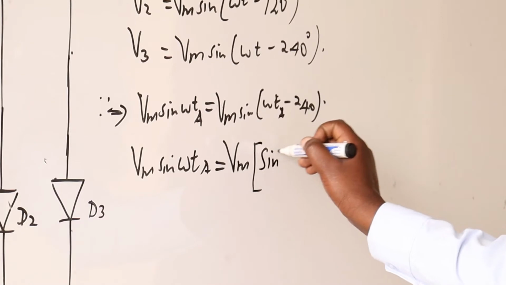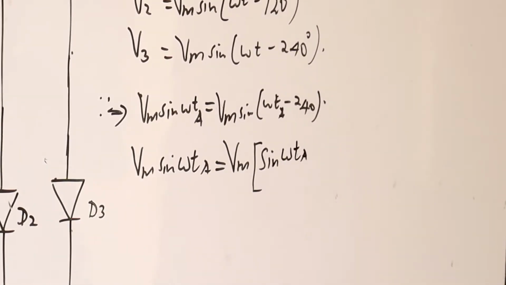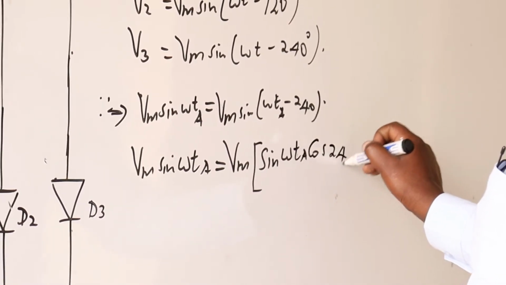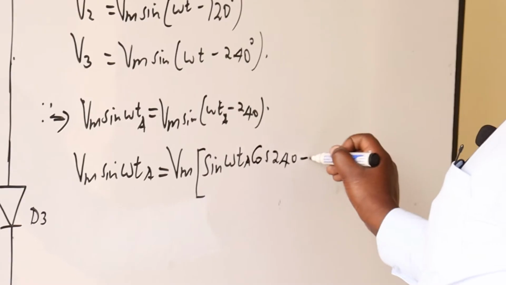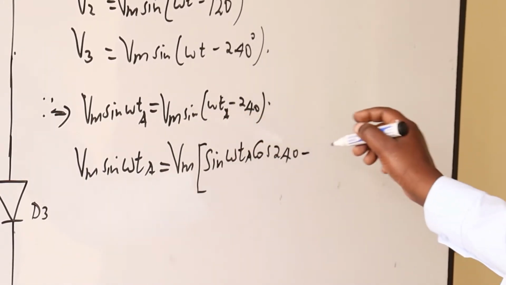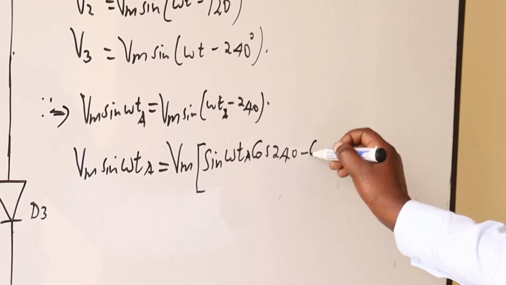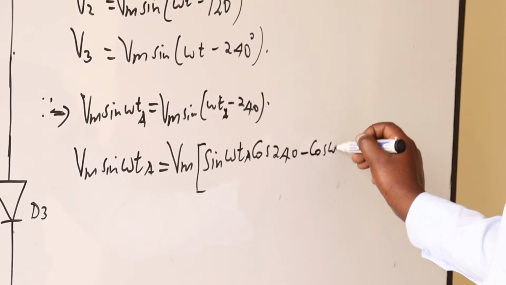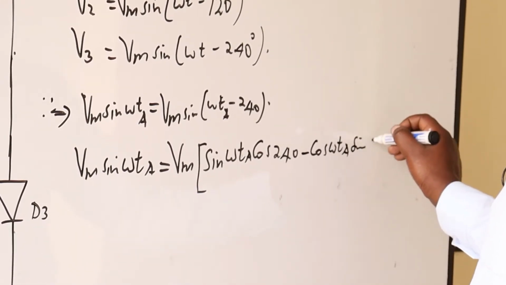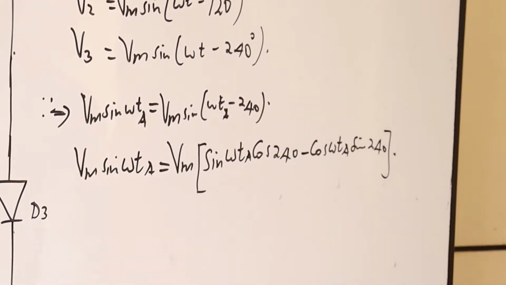sine omega t at point A cos 240 minus cos omega t at A sine 240. That's what we have after the expansion.